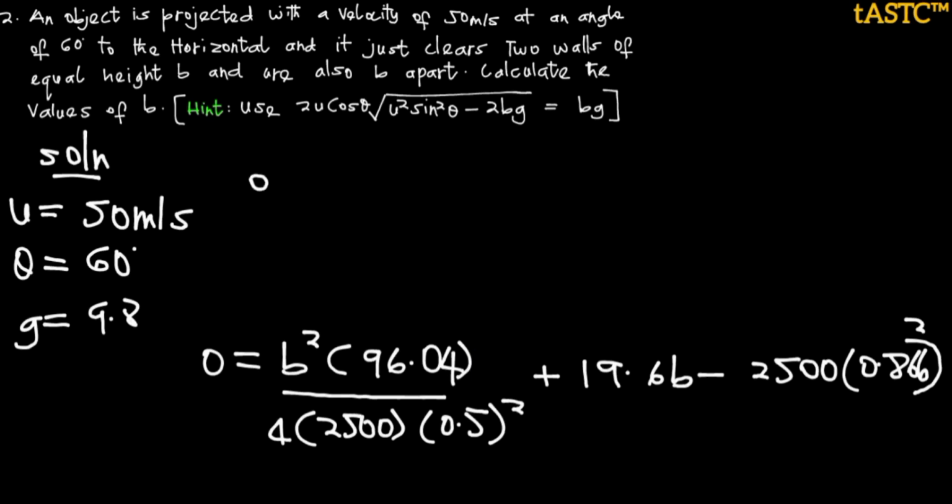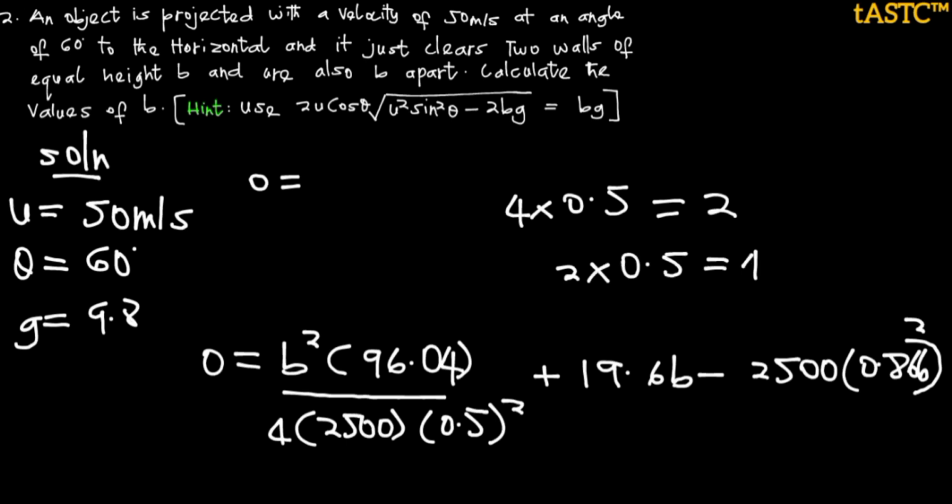Now on the side that is below here, that is going to give us a 2500, because this is going to be a 0.5 in 2 places. So that will be 4 multiplied by 0.5. That will give us a 2. Now you're going to have a 2 multiplied by another 0.5. So that is going to give you a 1. So you're going to have a 1 multiplied by 2500.